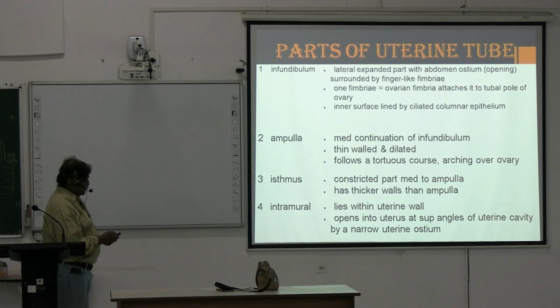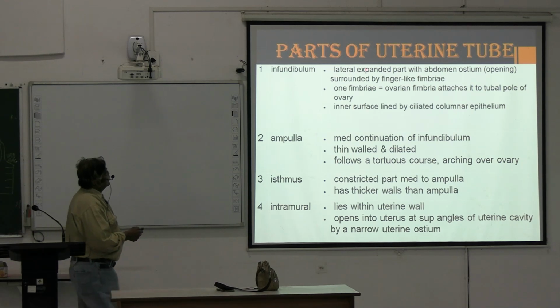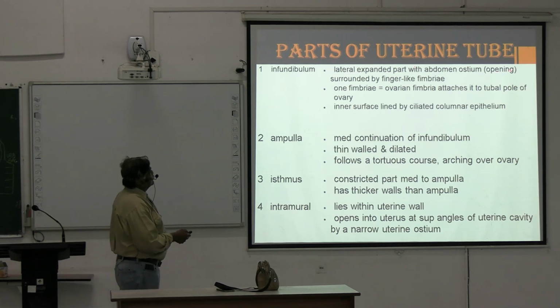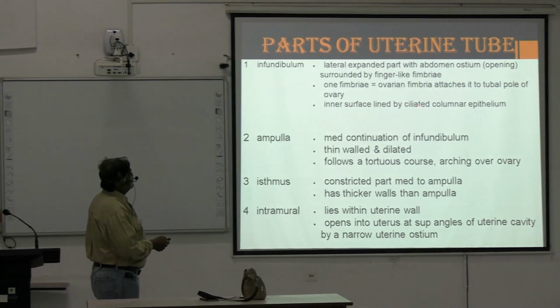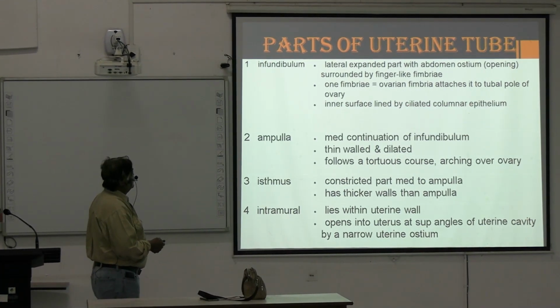Now parts of the uterine tube: infundibulum, ampulla, isthmus, intramural. The lateral expanded part, the abdominal ostium opening, is surrounded by finger-like fimbriae. One fimbria, the ovarian fimbria, is attached to the tubal pole of the ovary. Inner surface lined by ciliated columnar epithelium.